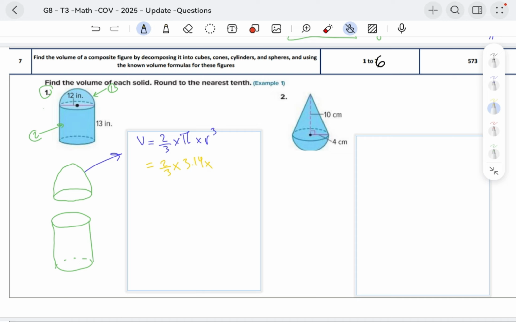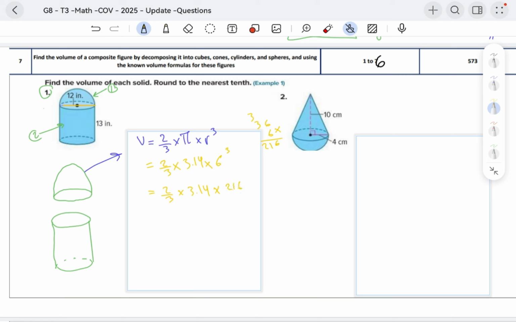The diameter is 12, so the radius will be 6 cubed. 2/3 times 3.14, 6 times 6 is 36, 36 times 6, 6 times 3 is 18, 18 plus 3 is 21, so 216.